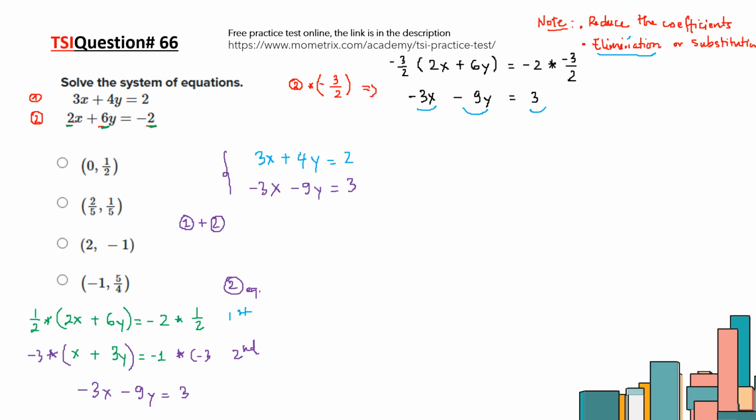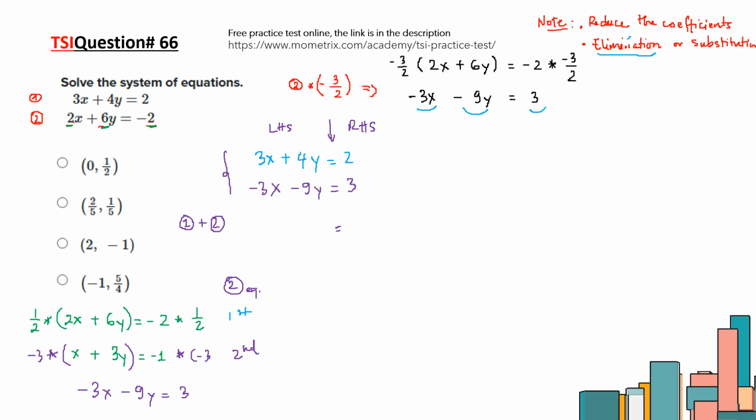And how we add it, you see that the equal sign is on a column, right? So let's continue to wrap it down straight. We do left hand side to left hand side, right hand side to right hand side. So we have 3x minus 3x, that's 0, that's the elimination term.